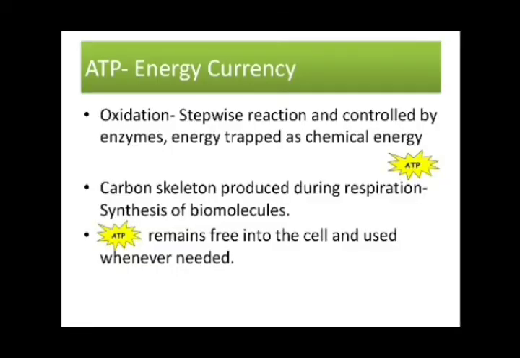ATP as energy currency. During the process of oxidation, the food which is going to be oxidized is not oxidized in a single step. It performs a number of reactions which are controlled by enzymes, and the energy is trapped as chemical energy in the form of ATP.